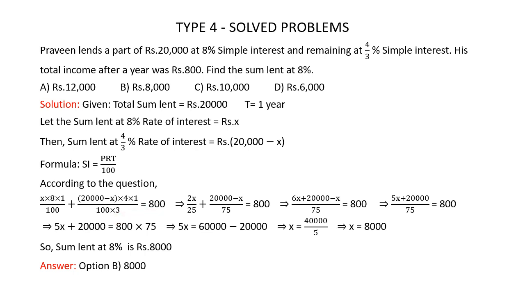Now on solving this equation, we get x is equal to 8,000. So the sum lent at 8% is rupees 8,000. The correct answer is option B, 8,000.